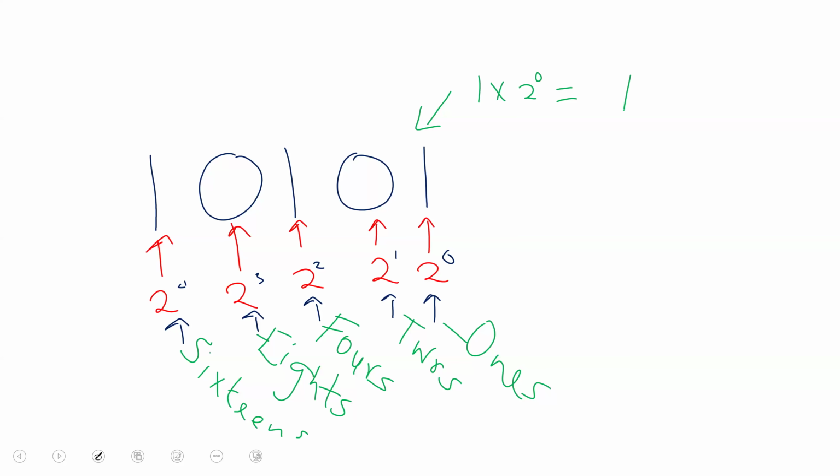Hiyo ni mathematics ya kawaida. 1 times 2 to power 0 gives me a 1. Then let me also get this: 0 times 2 to power 1 gives me a what? A 0 multiplied by any number will always give you a 0.